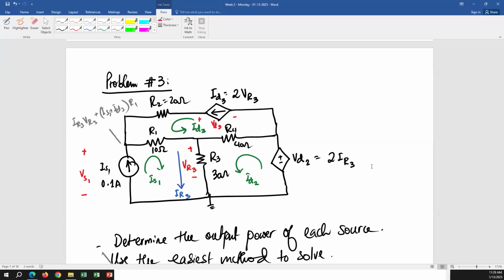So in this case, the total power supplied by both dependent sources equals the power consumed by the resistors plus the independent source VS1. Conservation of power should always be fulfilled, so if you want to check, you can apply conservation of power.